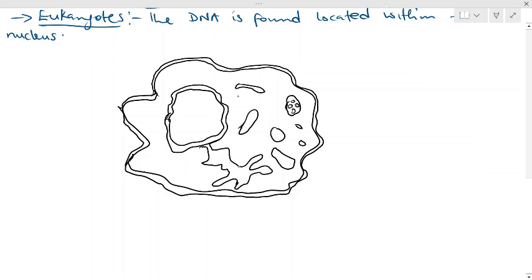So this is a schematic sketch of the eukaryotic cell. All of this is important because for DNA isolation, you want to reach out to isolating and getting the DNA from the nucleus. So this is key.